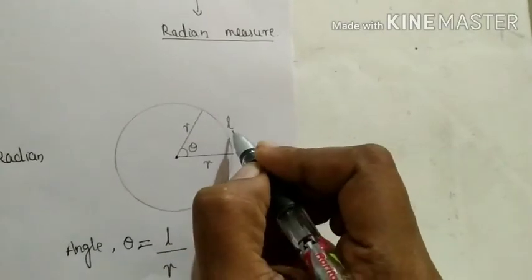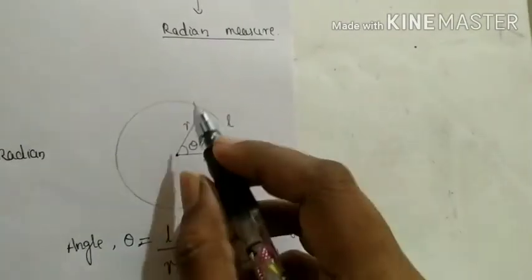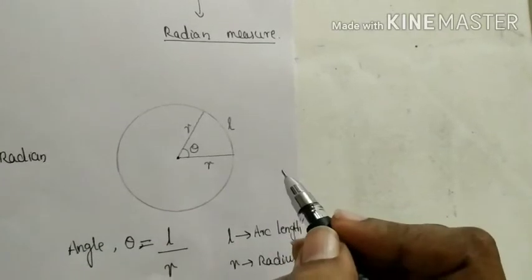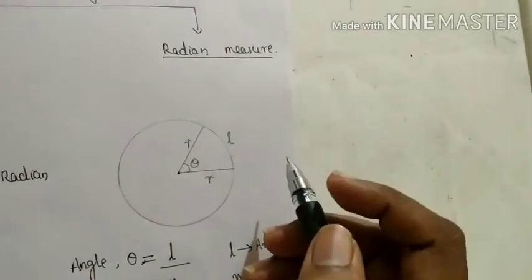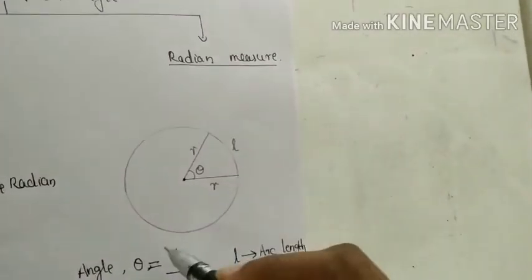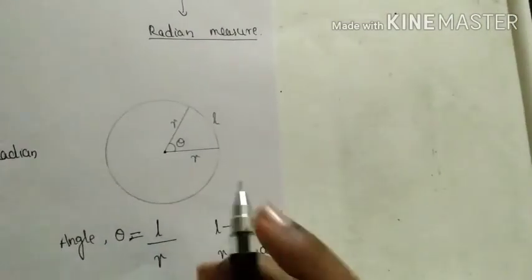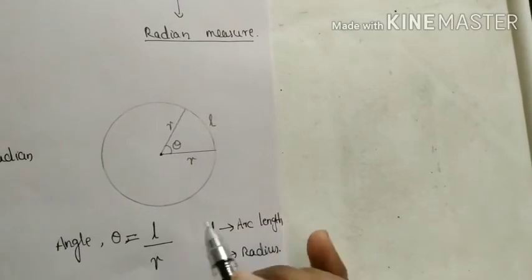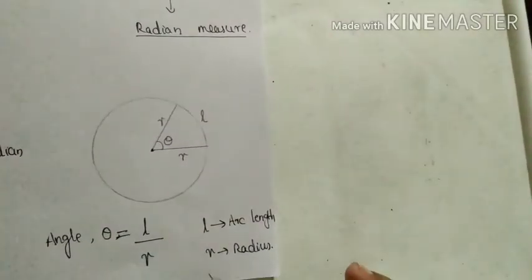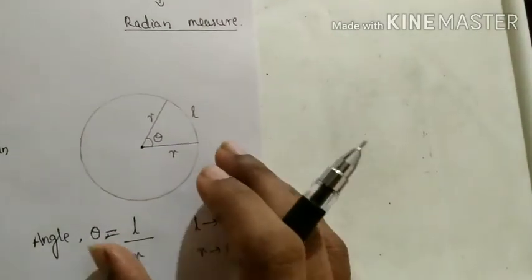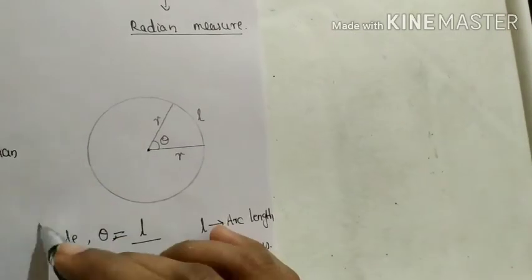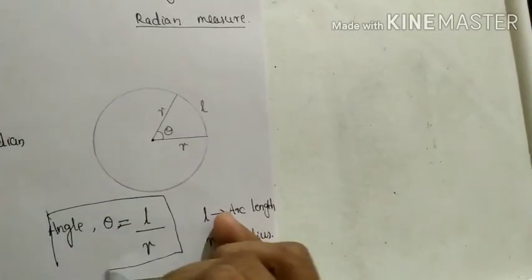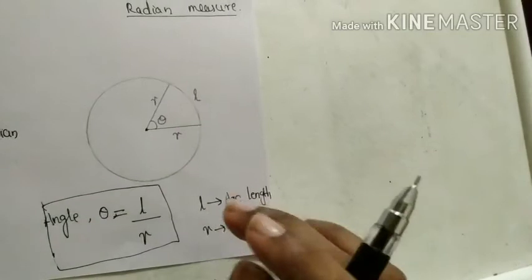Theta is the angle, L is the arc length, and r is the radius of the sector. The relationship between theta, L and r is theta equal to L by r, or angle theta equal to arc length divided by radius. It's an important point, so we need to learn it by heart.